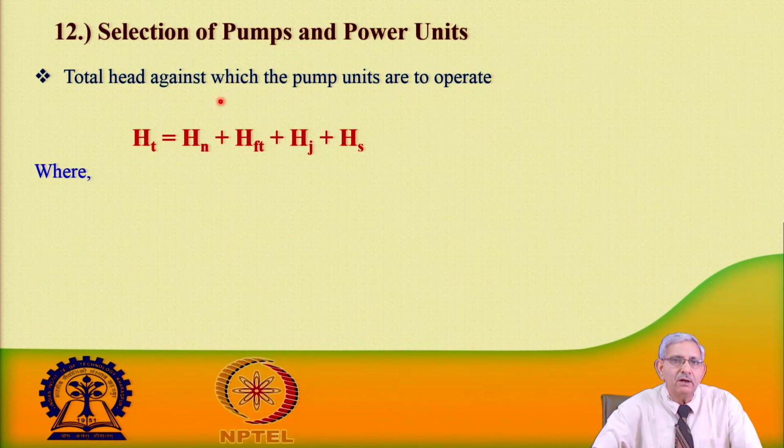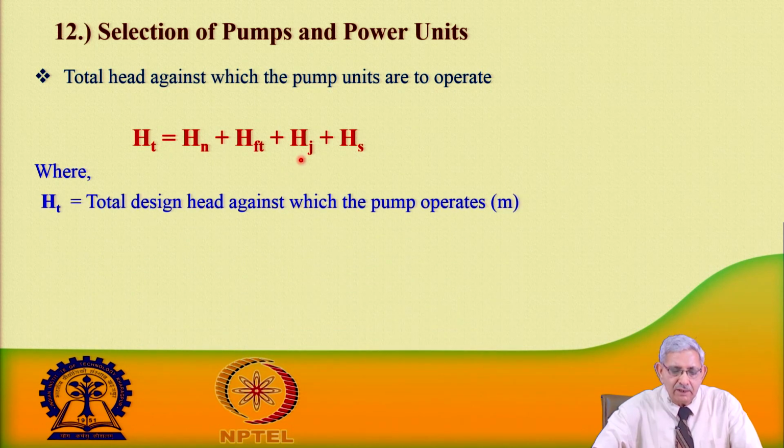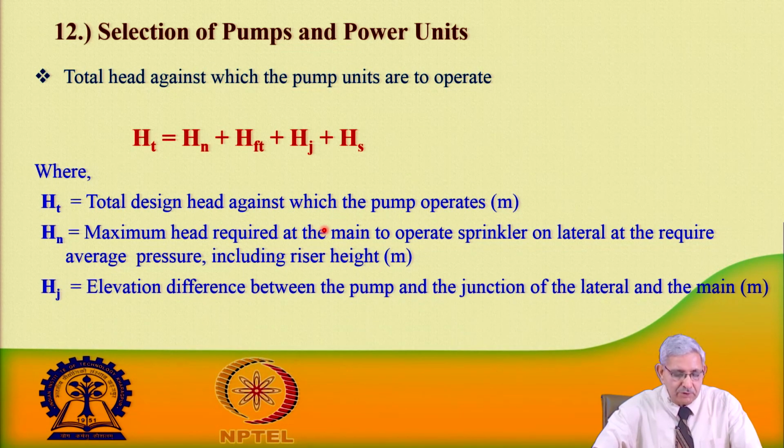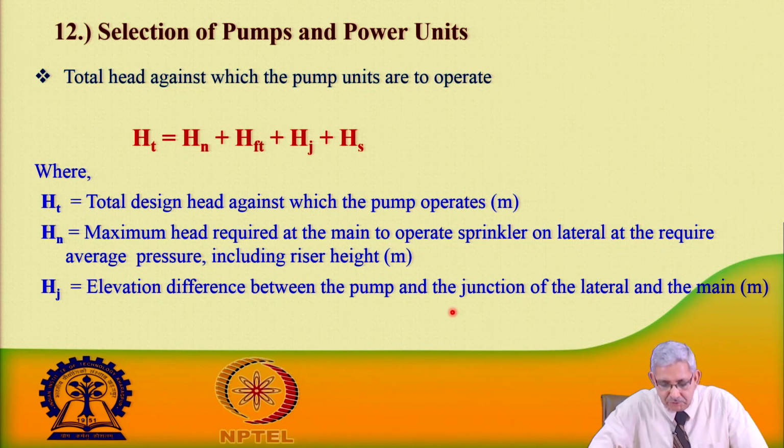Accordingly the value of K will be obtained. Now, to find out the head which will be required for the pump to operate, the total head against which the pump will operate is the sum of H n at the main pipeline, the total frictional head loss from the main pipeline, and H j, which is the elevation difference between the pump and the junction of the lateral.